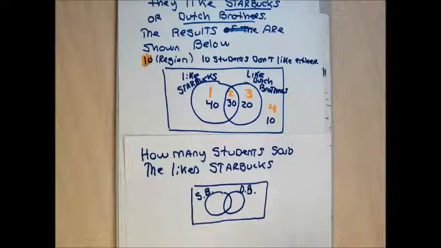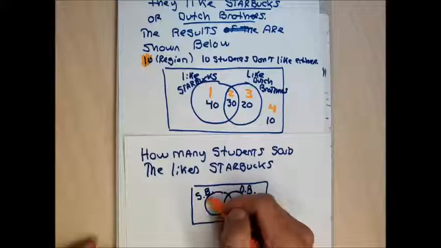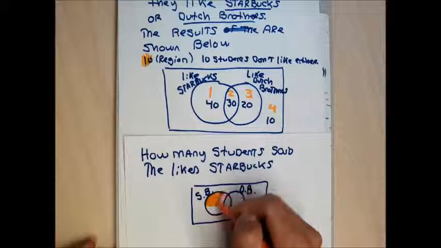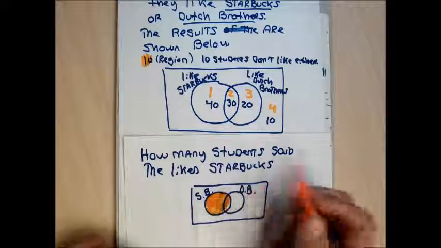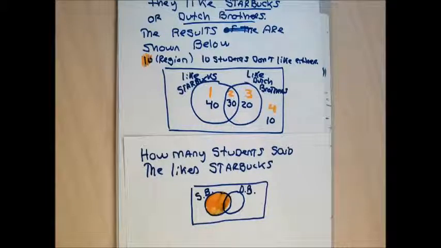To like Starbucks, that means you're a student that showed up somewhere in the Starbucks circle. Pictorially, the students that said that they like Starbucks are any of those students that are in the Starbucks circle. Some of them liked Starbucks and didn't like Dutch Brothers. Some of them liked Starbucks and they liked Dutch Brothers.